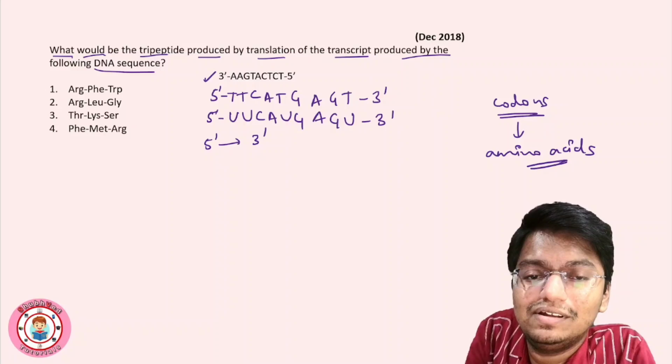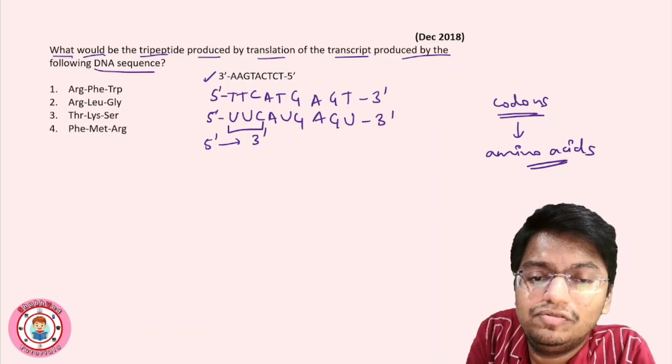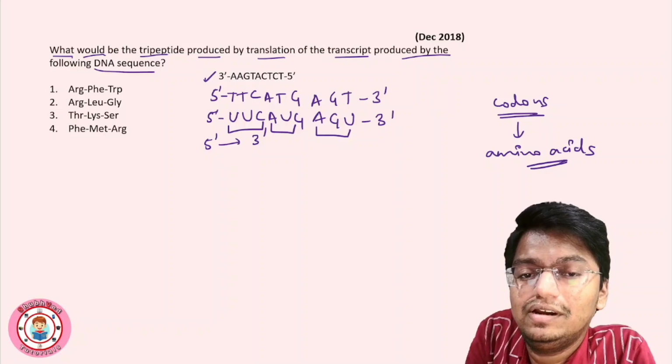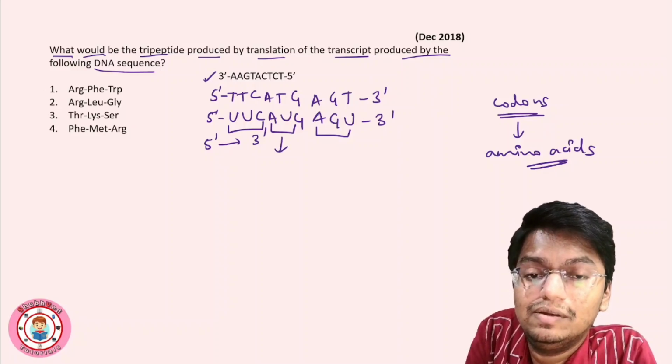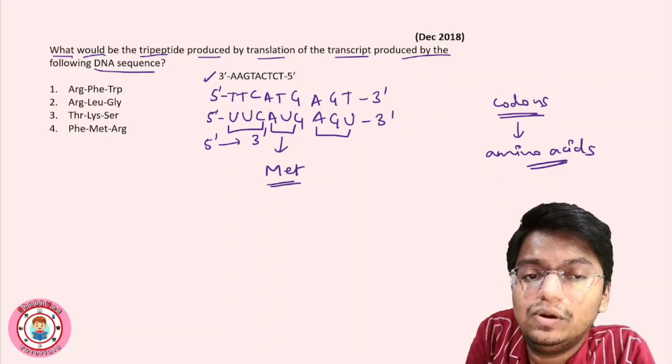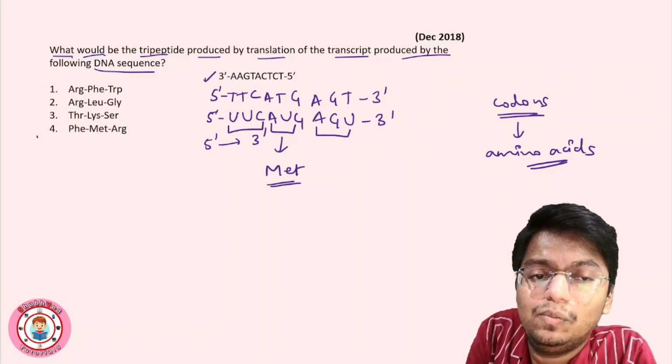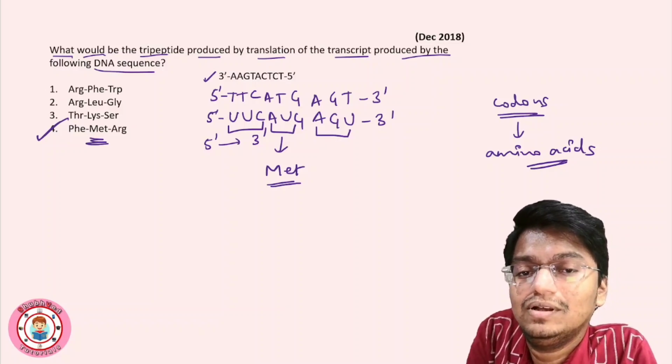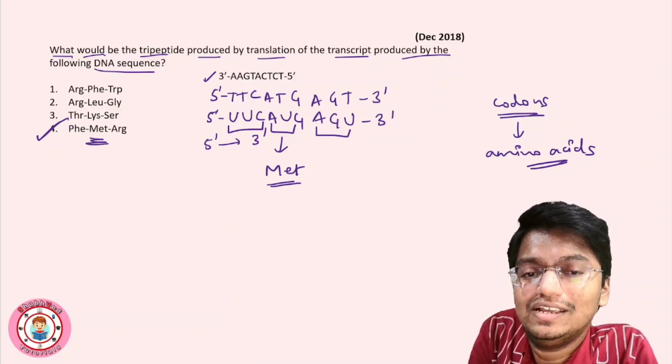See here, this will be the first codon, this the second and this the third. So this is the second amino acid. Basically this is a start codon AUG which codes for methionine. So methionine in the middle is present only in option 4. See, this is how you can solve quickly.